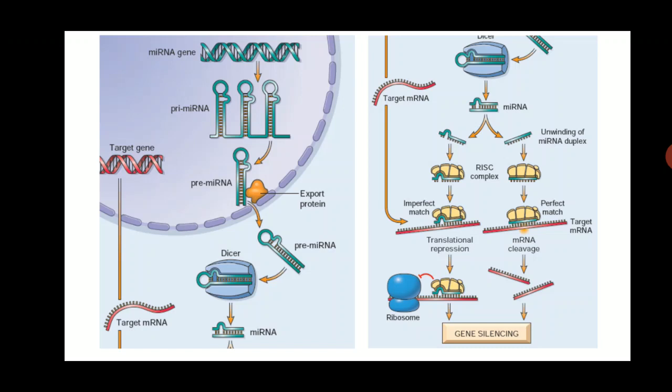The microRNA breaks into its two strands. One strand having a nick at the center forms an imperfect match with the target.